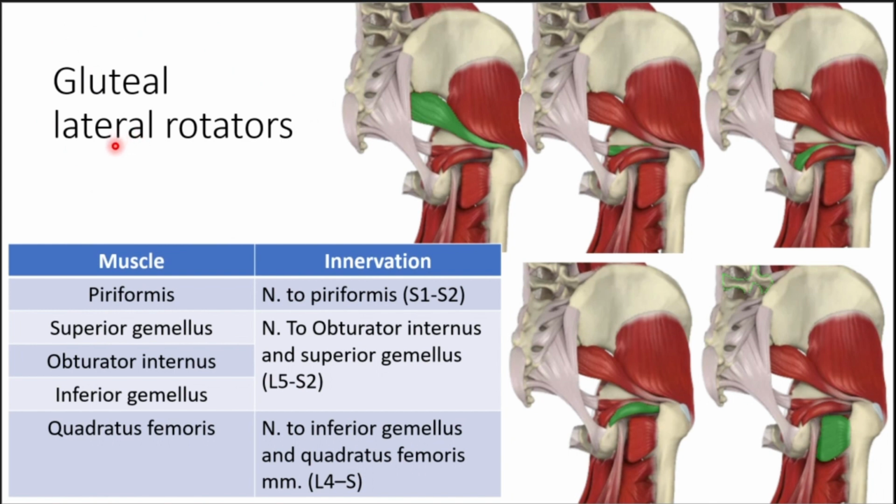Those muscles include the piriformis, the superior gemellus, obturator internus, inferior gemellus, and quadratus femoris. Based upon the location of these muscular insertions, they act to laterally rotate the femur at the hip.